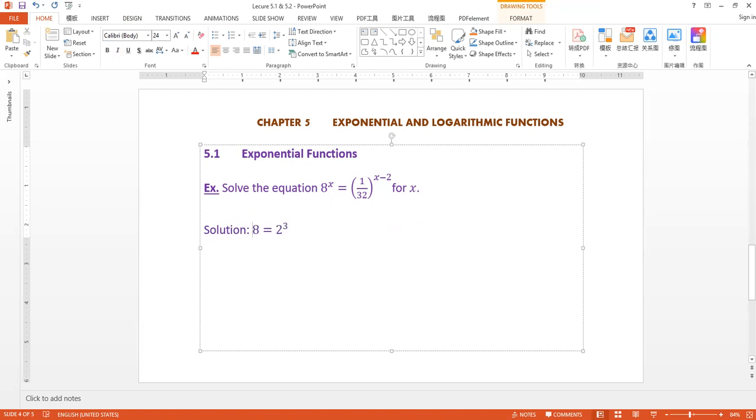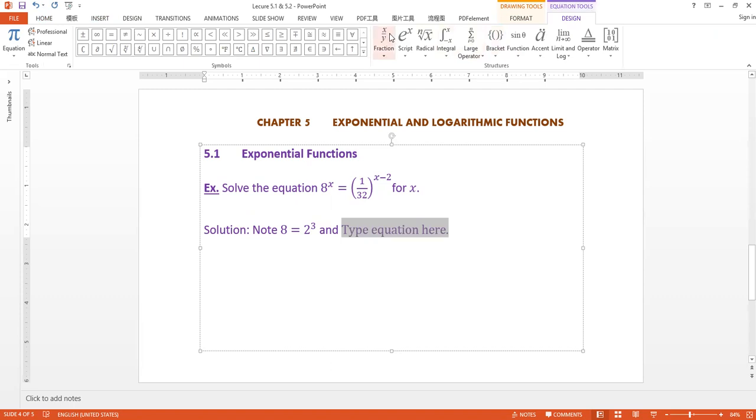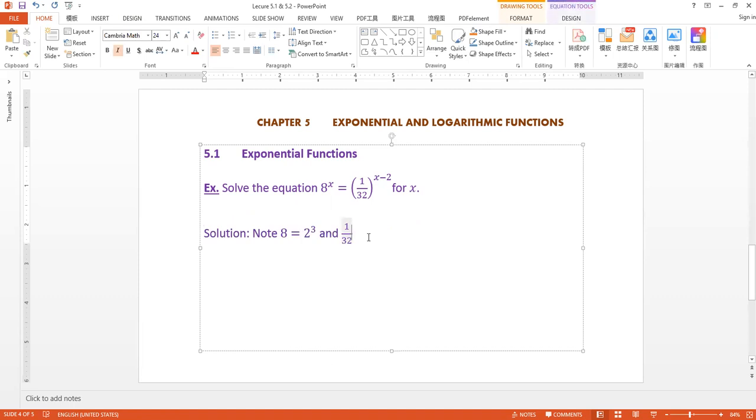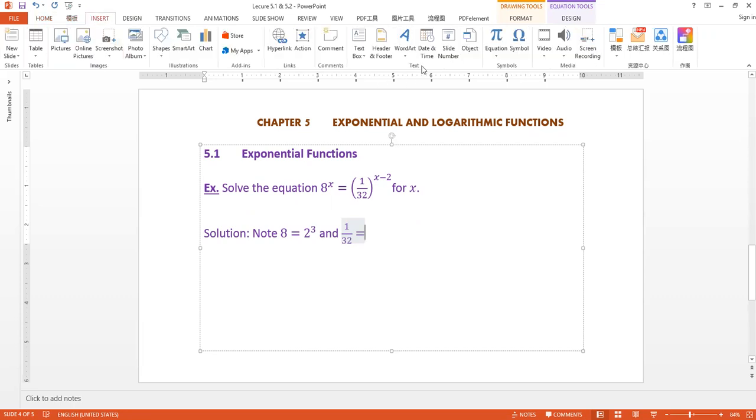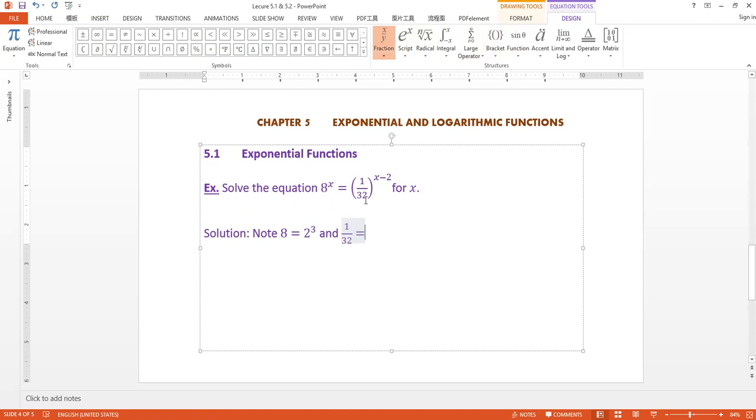We can write 8 as 2 to the cube and 1 over 32 as 1 over 2 to the 5th, if you know that 32 is just 2 to the 5th.